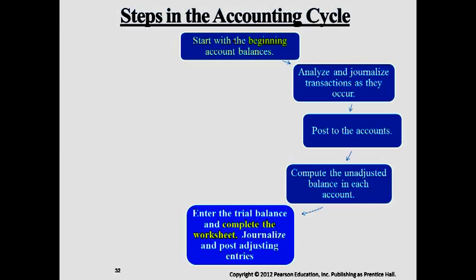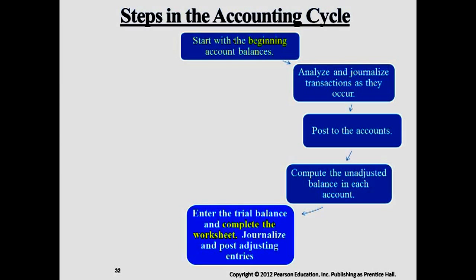So how many columns are there in the worksheet? We will start from what? What will be the first column? Unadjusted trial balance. Usually we call it trial balance. These are the amounts before we do adjusting entries, that would be the first column.